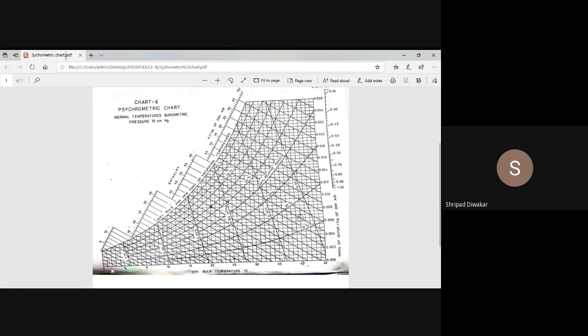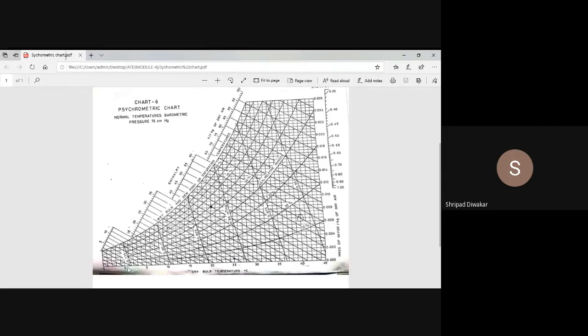This is your x-axis, and it shows the dry bulb temperature lines. The temperatures range from -5, 0 degrees, 5 degrees Celsius, 10, 15, 20, 25, 30, 35, 40 degrees Celsius. These are the vertical lines. The unit is degree Celsius.